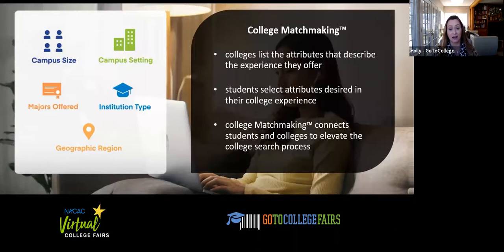And what is the geographic region I think I want to attend school in? So students have a sense of what they want before they even start the search. And they may decide as they go through the search process that those things change a little bit, but they really have a sense of what they want. And so it's good for students to be able to see colleges that match those attributes.